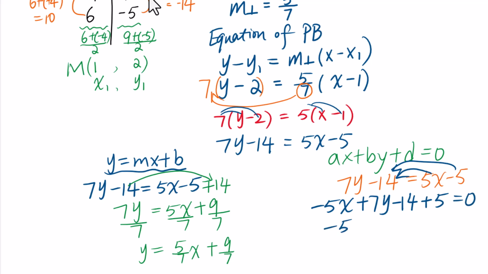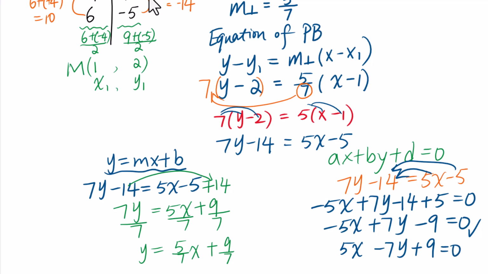Simplify: negative 5x plus 7y minus 9 equals 0. This is the solution. Or you can do one more step. Change the sign for every single term in this equation: 5x minus 7y plus 9 equals 0. Either equation is the solution.